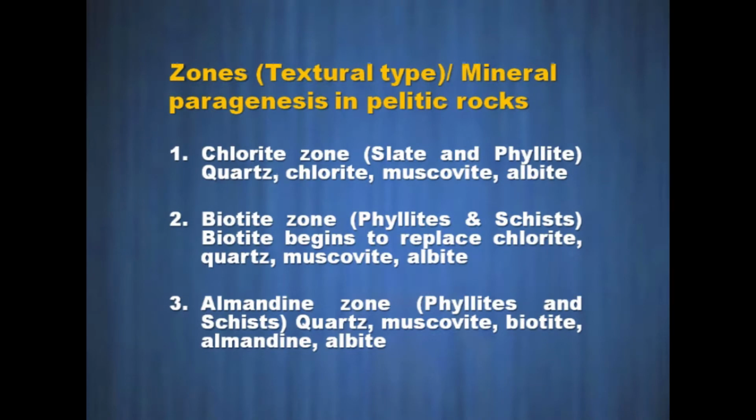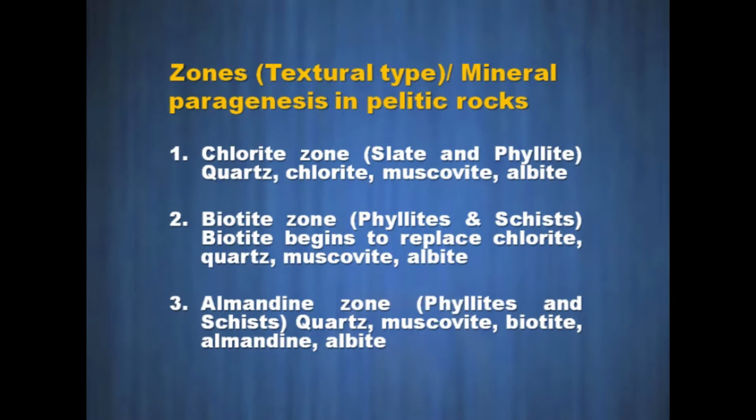Zones, textural type, mineral paragenesis in pelitic rocks. Chlorite zone: slate and phyllite; quartz, chlorite, muscovite, albite. Biotite zone: phyllite and schist; biotite begins to replace chlorite; quartz, muscovite, albite.